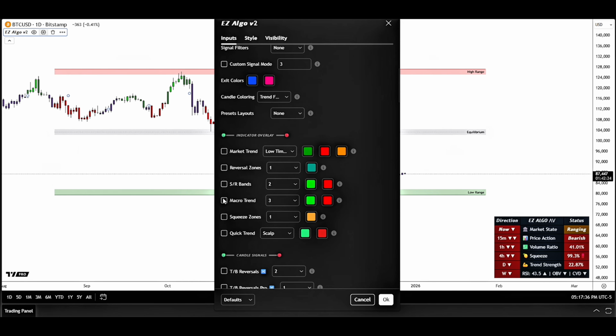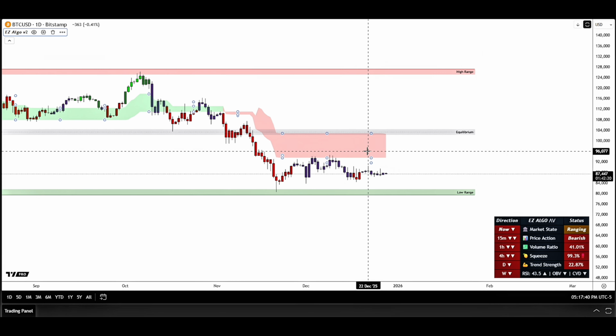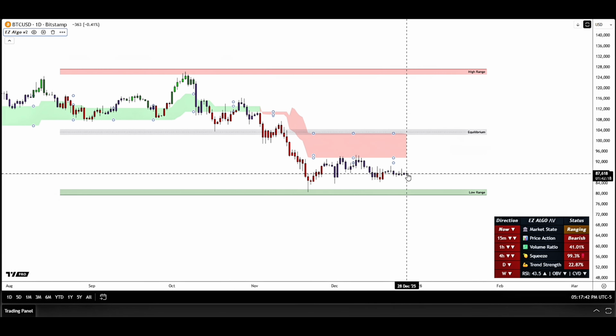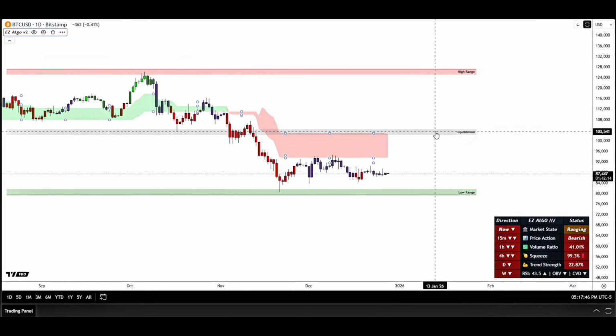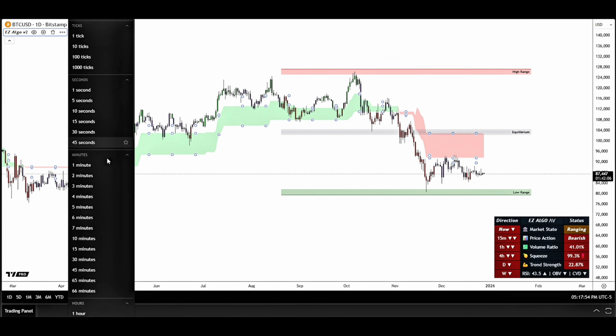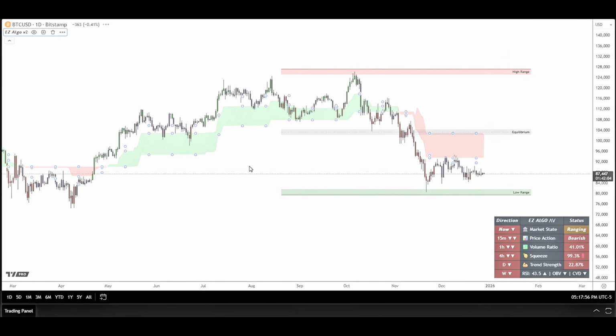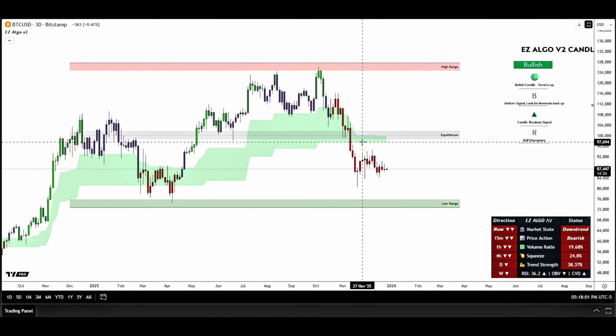If our macro trend right here on 4 hour, this is daily, but if it turned green on lower time frame, we could have a shot at hitting equilibrium, which is around $100,000 to $103,000. But if we don't, then there's a possibility we might test lower resistance.